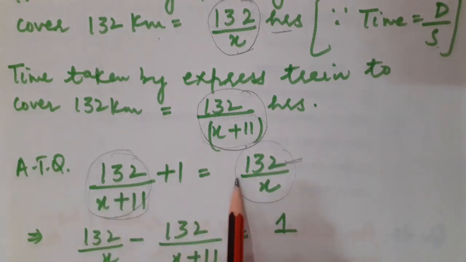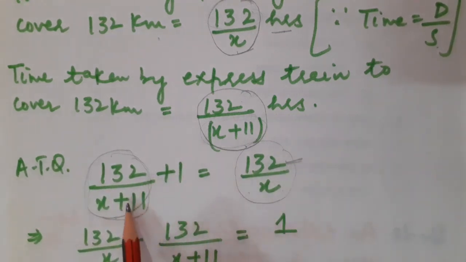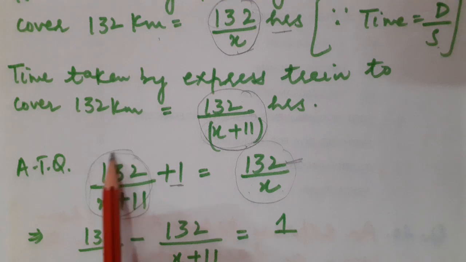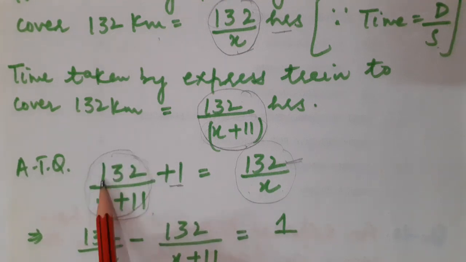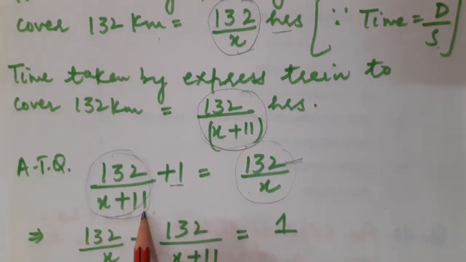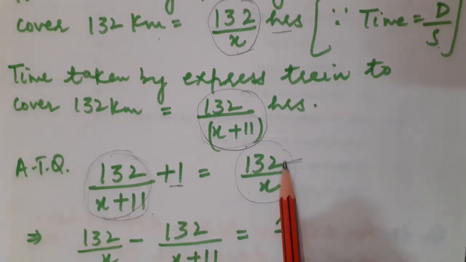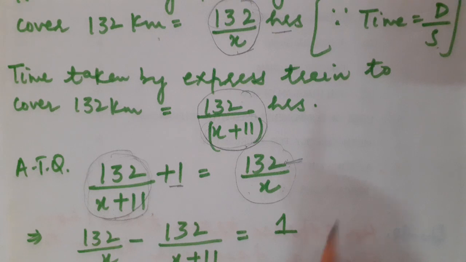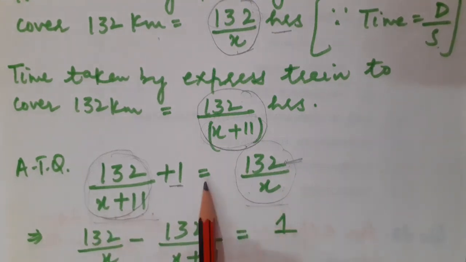So definitely to make both the times equal, I have to add 1 hour in this value, that is 132 upon x plus 11, or I have to subtract 1 hour from 132 upon x. Fine, because I have to form the equation. Definitely both the expressions must be put equal.